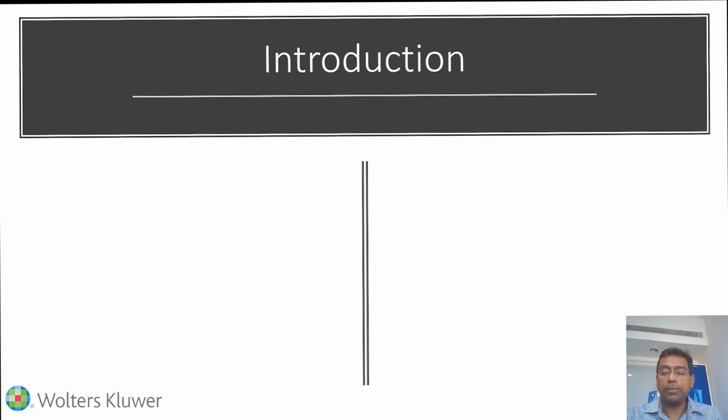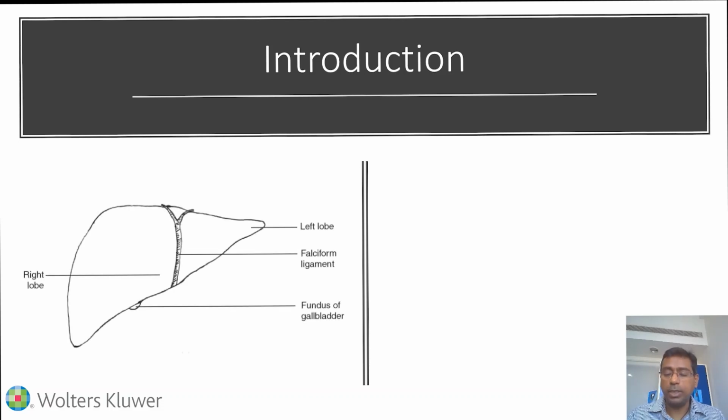gluconeogenesis, etc. Before going into the details of the microscopic structure, let us see a few details of gross anatomy of the liver. This figure shows the anterior surface of the liver and you can see it is divided by the falciform ligament into right and left lobes.